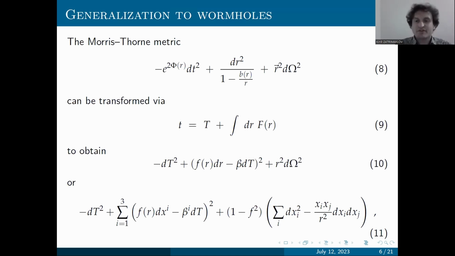The Schwarzschild metric is a specific type of it. So a generic metric of this kind can be transformed in the same way. It yields this kind of metric, which is almost like a warp drive, but not quite. We have this form factor f in front of the r, which makes it quite cumbersome in Cartesian form.